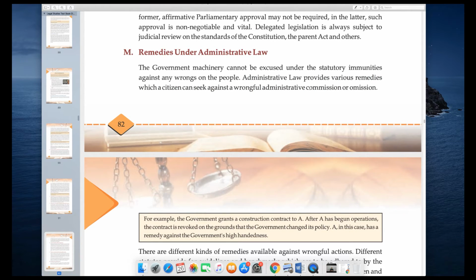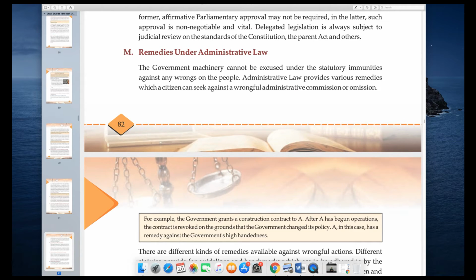If an administrative body did something wrong that causes harm to people, or if an administrative body was responsible to do something but didn't do it, and people suffered, that is omission, because it had the duty to do that but it didn't.